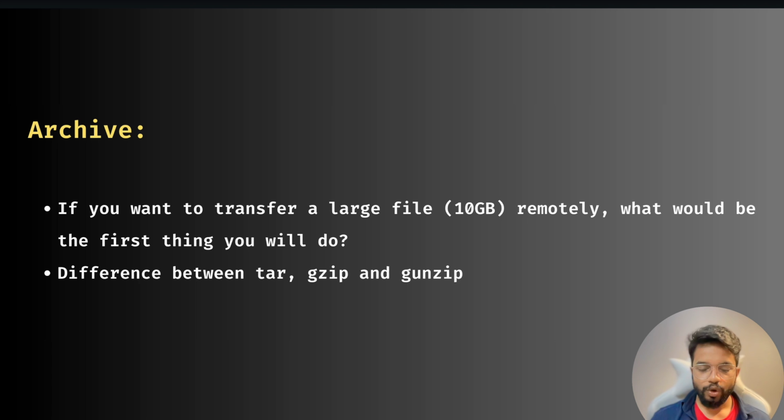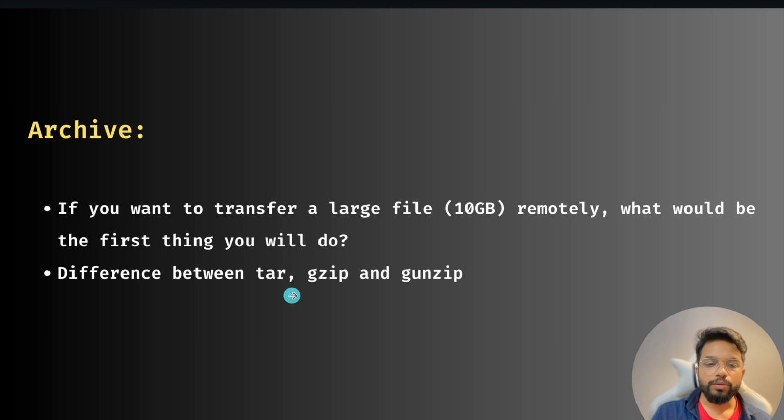A few more questions related to compression or archives. If you want to transfer a large file, suppose 10 GB, remotely, what would be the first thing you do? Or maybe we can call it a best practice. To transfer the 10 GB file, the first thing we can do is compress the file using the gzip command.